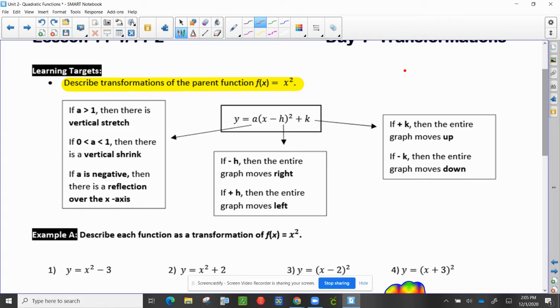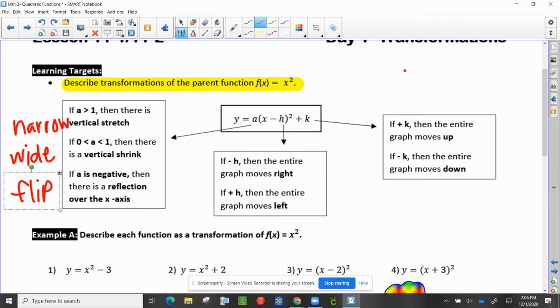Coefficients in front are going to change how the parabola looks. It's either going to be a stretch. Remember, the stretch was narrow. If there's a fraction in front, that makes the graph more wide. And a negative is going to flip the graph.